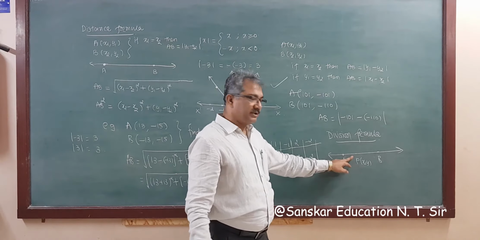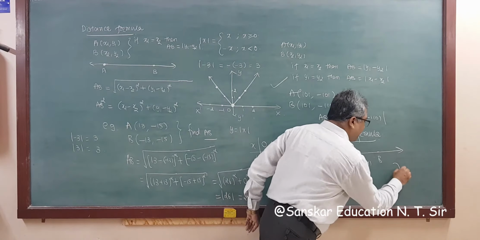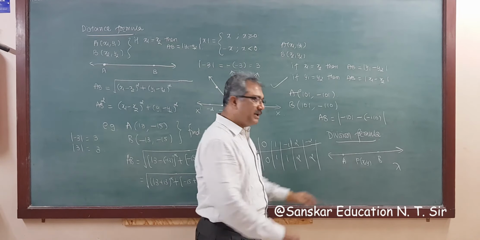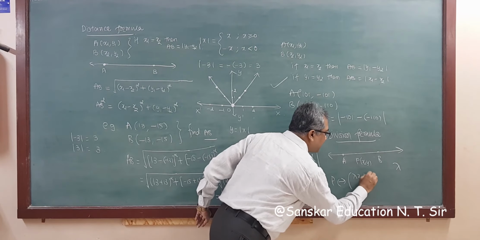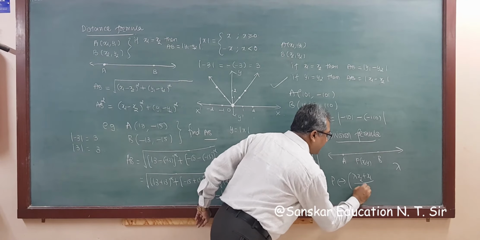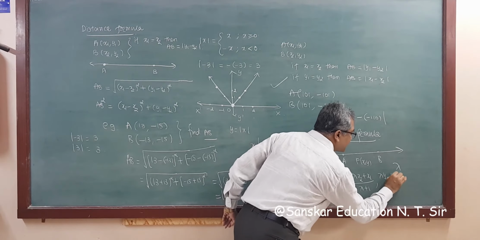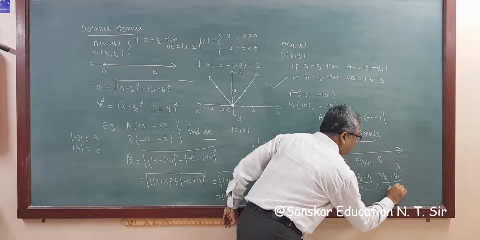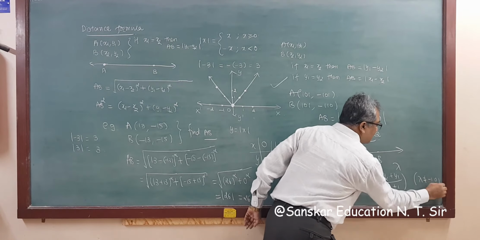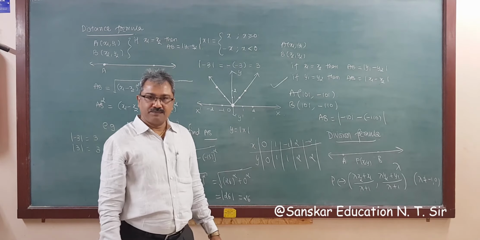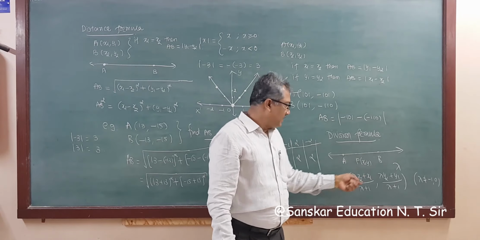If this point P divides this segment AB in the ratio lambda, then the coordinates of P are (lambda x2 plus x1) upon (lambda plus 1) and (lambda y2 plus y1) upon (lambda plus 1), where lambda is not equal to minus 1 and 0. This you know, right? So this is called internal division.